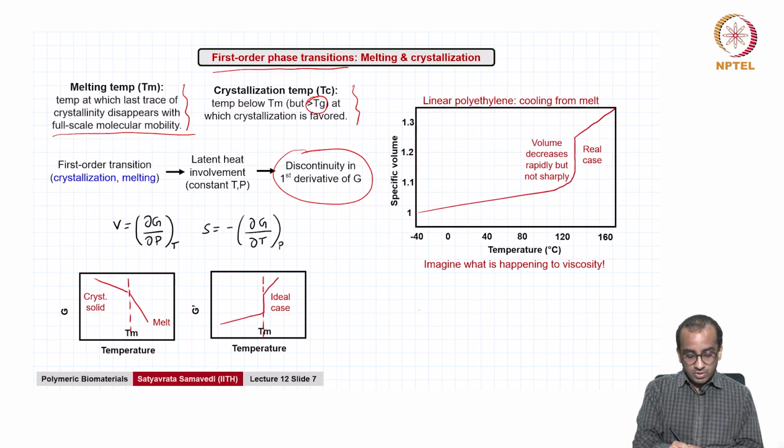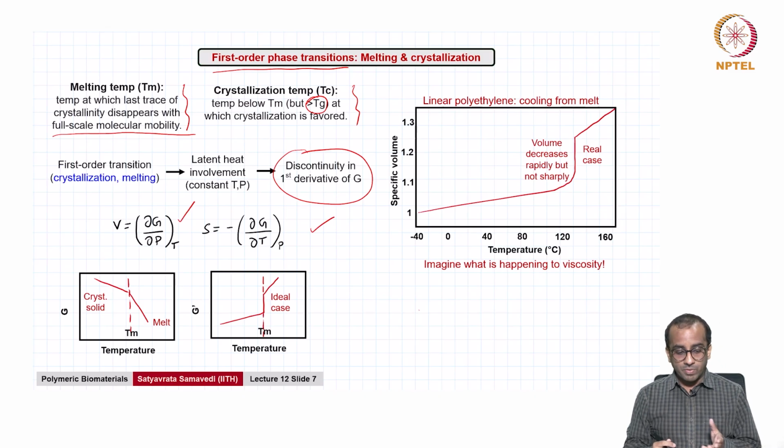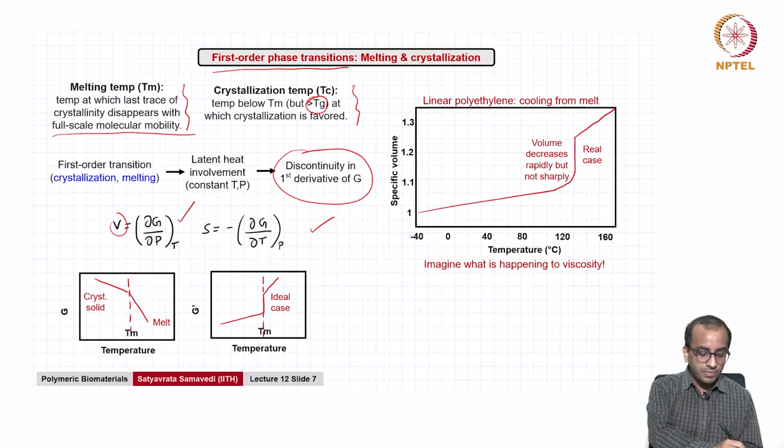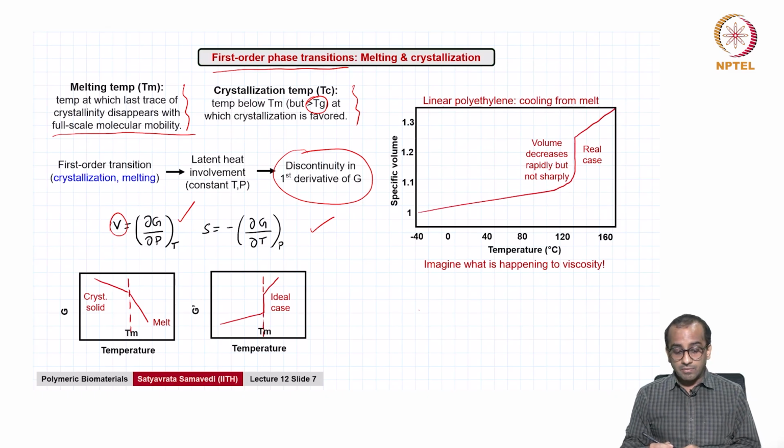So shown here are just two parameters. One is the pressure dependence of the Gibbs free energy at constant temperature, which will give you volume. The other is the temperature dependence of the Gibbs free energy at constant pressure, which will give you entropy. Both of these will show a discontinuity at any first order transition, melting as shown for example in this plot.